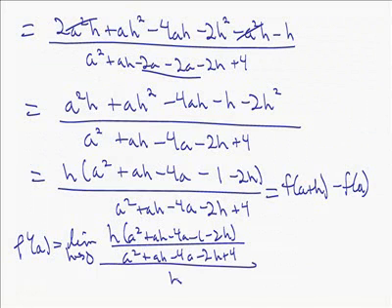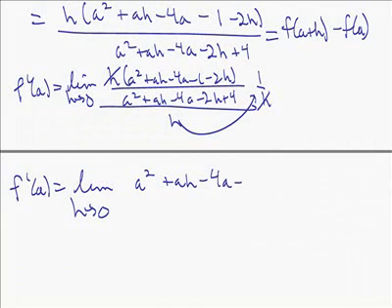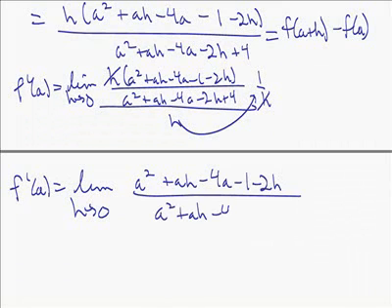Well, we have this h and this h here. We can bring this h up and multiply by 1 over h, and so those h's divide to 1. So we're left with then the limit, f prime of a, is the limit as h approaches 0 of a squared plus ah minus 4a minus 1 minus 2h, all divided by a squared plus ah minus 4a minus 2h plus 4.